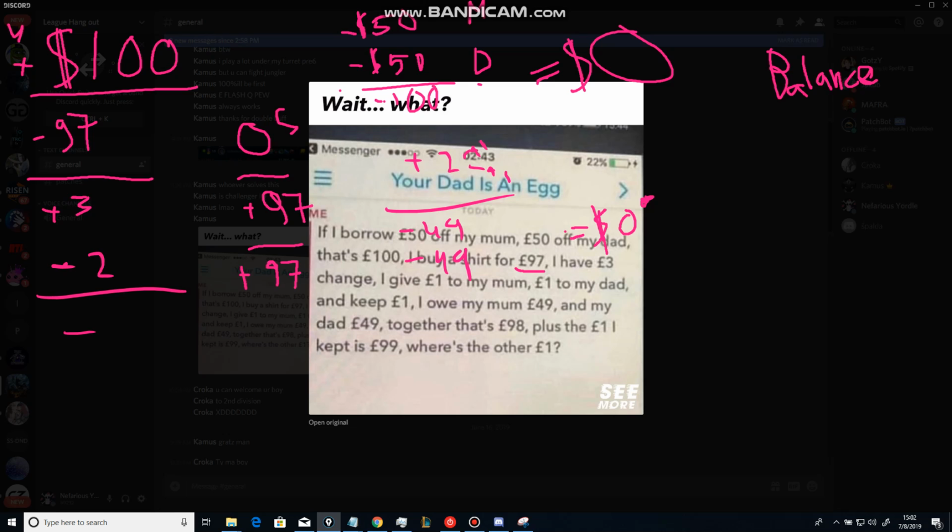So you're going to end up with plus 1, right? And this stays at plus 97. Now if you add these together, this is when you notice the pattern, right? So this is minus 98, right? You see that? So adding these together is equal to 0 balance, right?